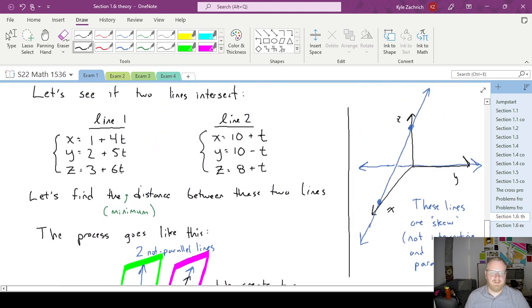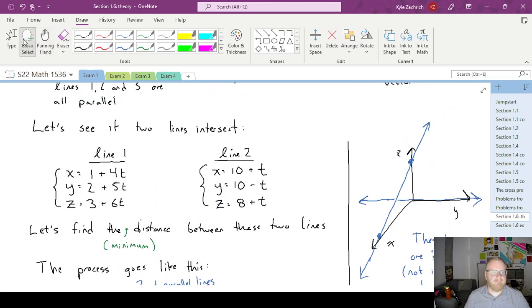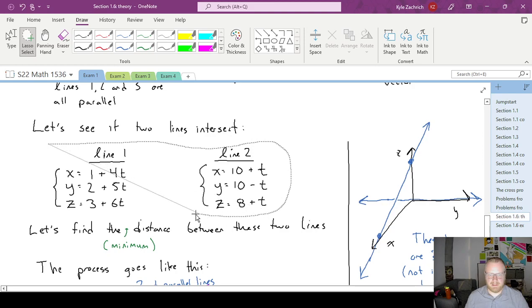Okay, so I'm just going to copy this and bring it down here, and I'll show you the whole process.